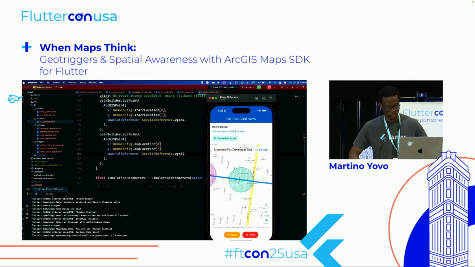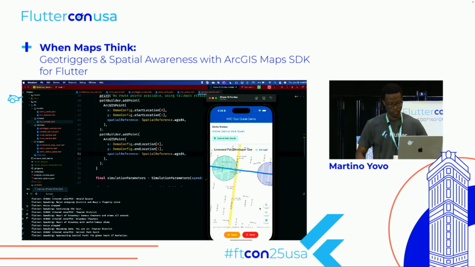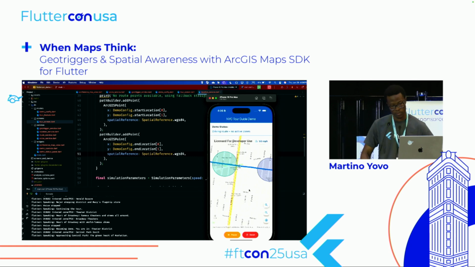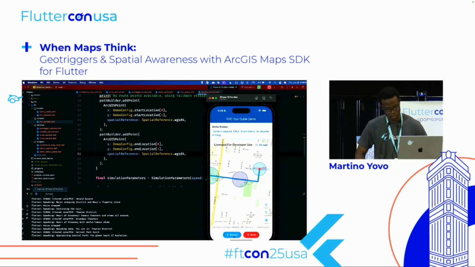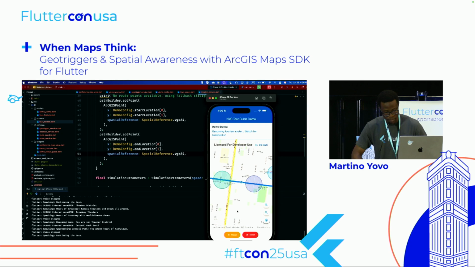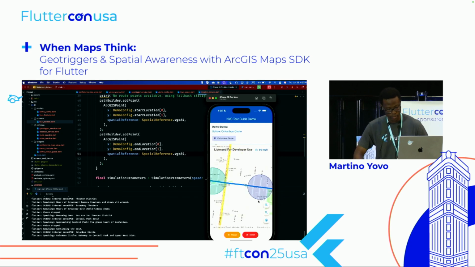Approaching Central Park, the green heart of Manhattan. So when I pause it, I can resume it. Continuing the tour. Columbus Circle, gateway to Central Park and Upper West Side.